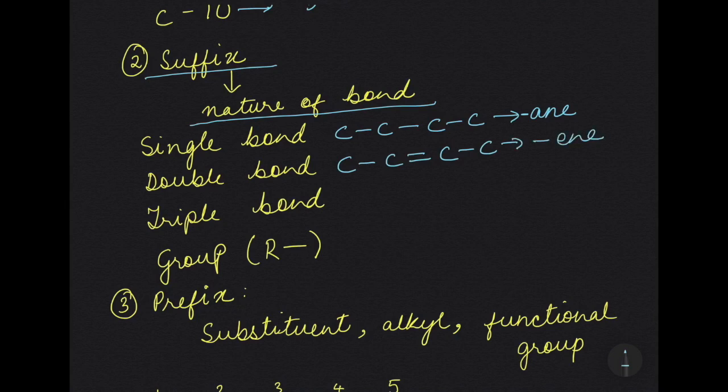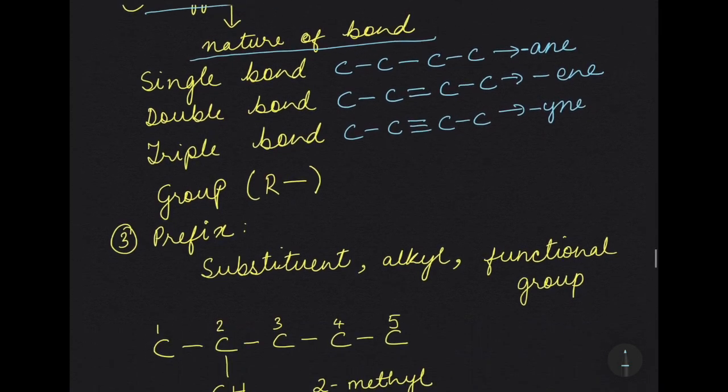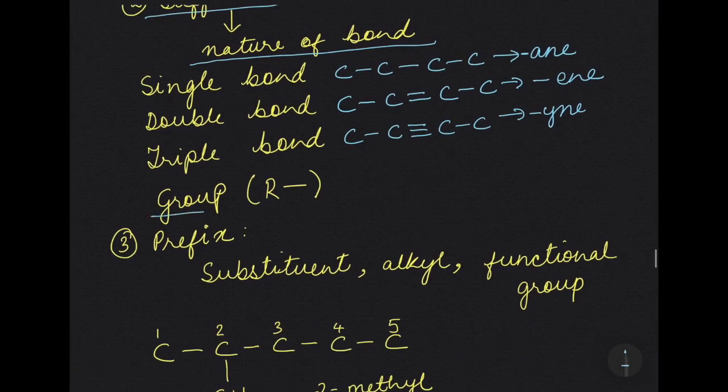If there is a triple bond, then YNE. And of course, sometimes there may be a group attached to it, which is known as the YL, or if you remember, the alkyl group.